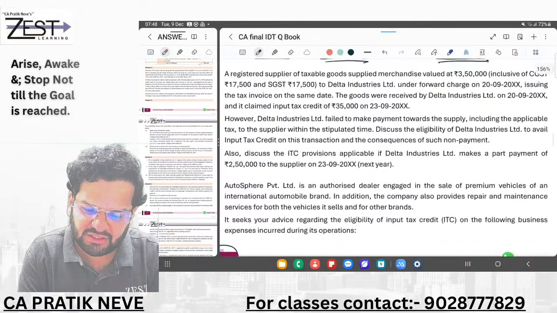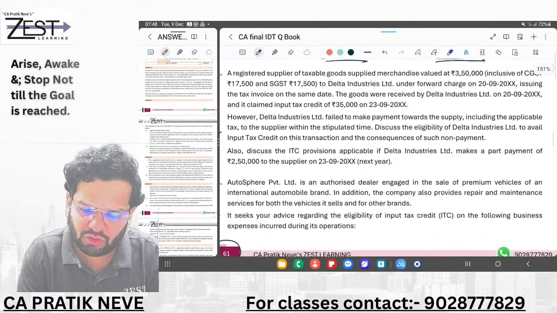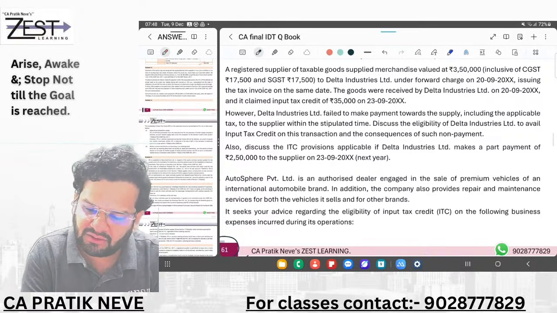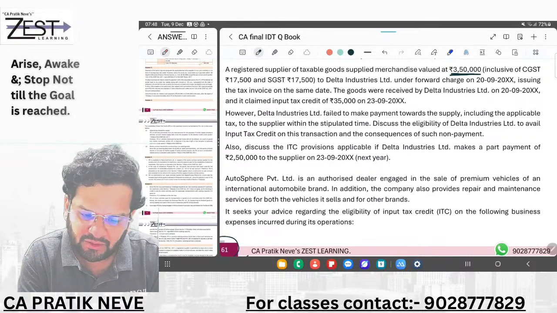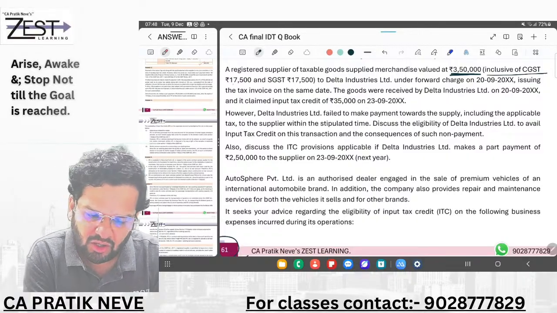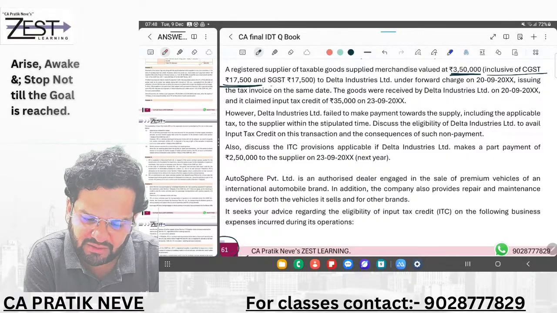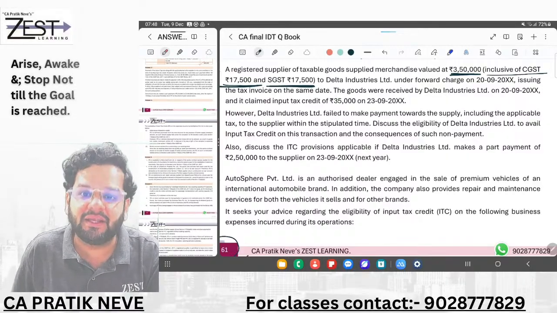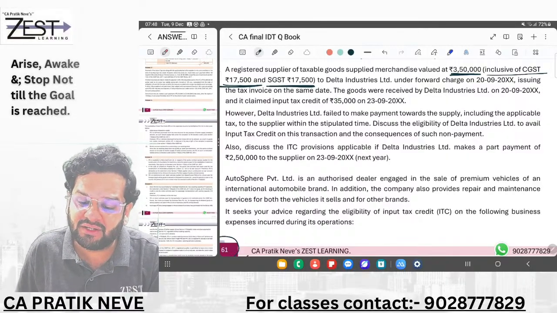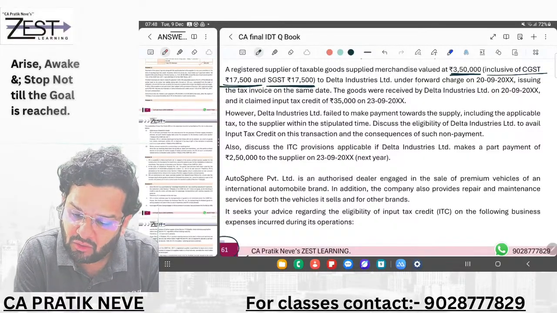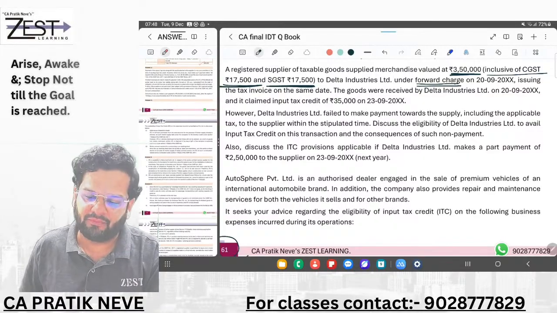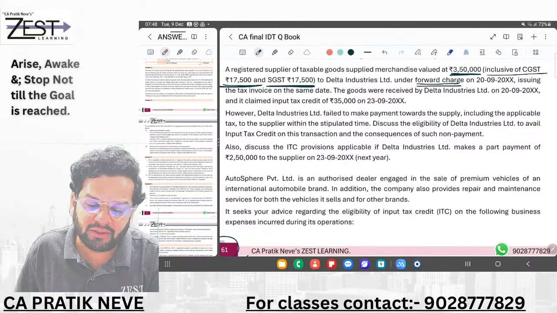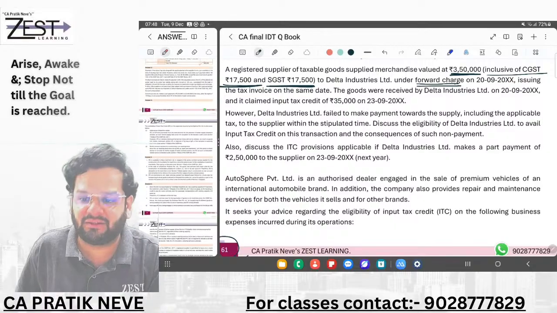A registered supplier of taxable goods supplied merchandise valued at 3,50,000 including GST of 17,500 CGST and 17,500 SGST to Delta Industries Limited under forward charge on 20 September, issuing a tax invoice on the same date.